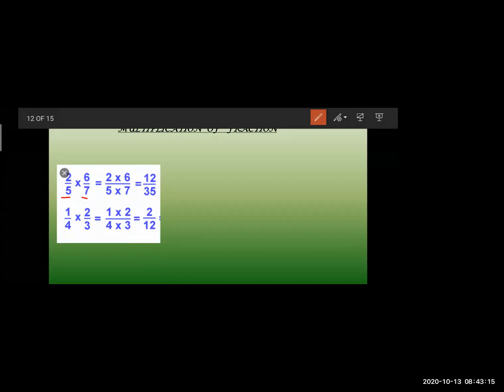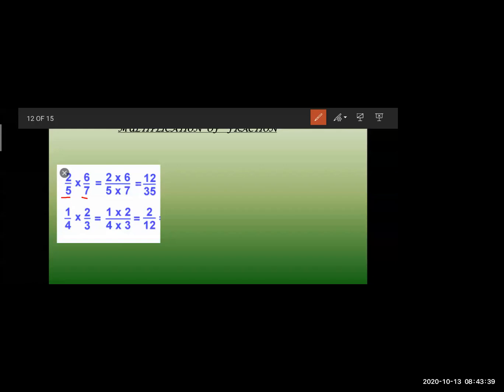Unmute yourself and you can give the answer. No, we don't have the same denominators. What denominators do we have in this sum? Only the denominators. Tell me the denominators. 5 and 7. Very good. We have 5 and 7.